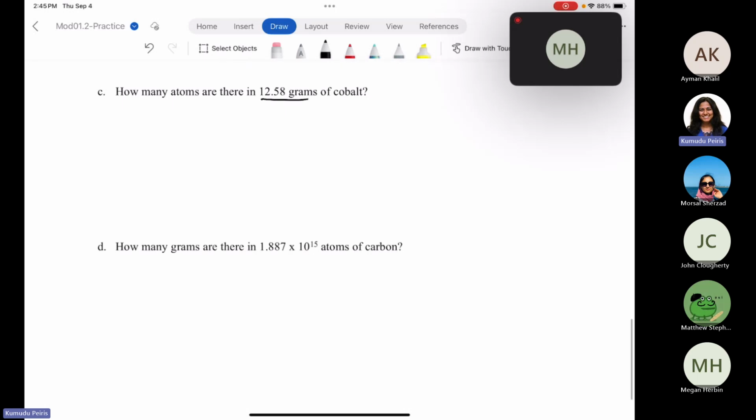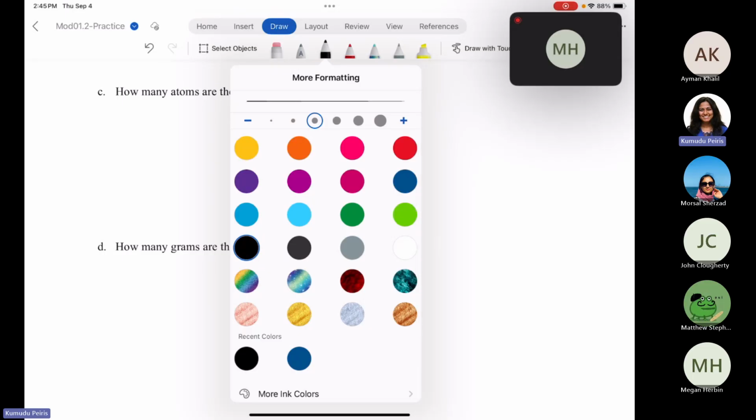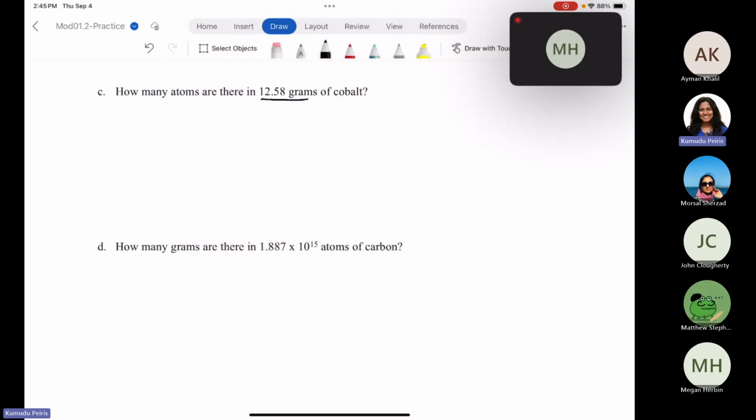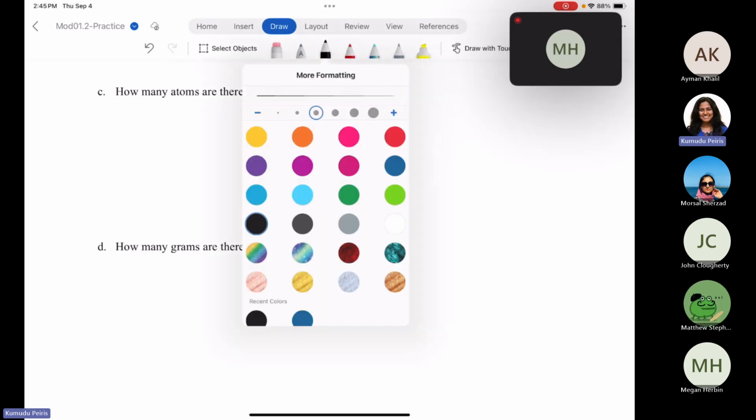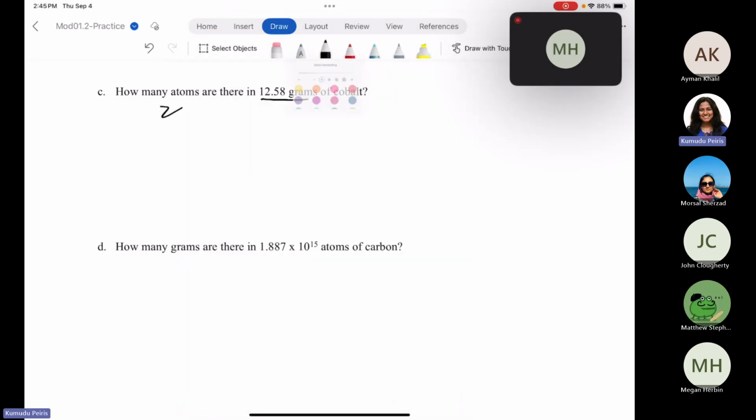We'll find the number of moles in the 12.58 grams of cobalt first. 12.58 grams of cobalt multiplied by 1 mole equals, what is the molar mass of cobalt?